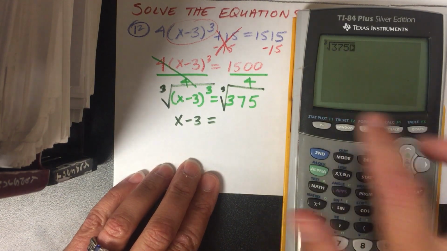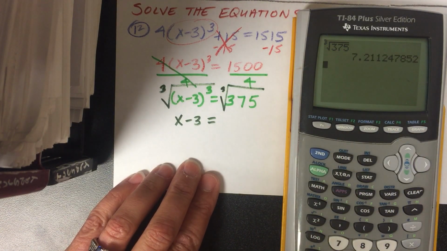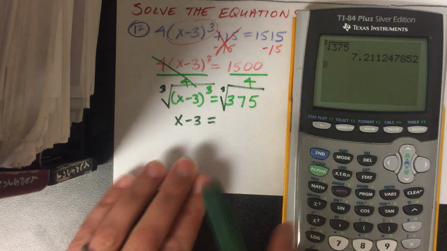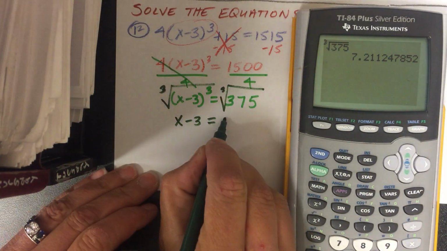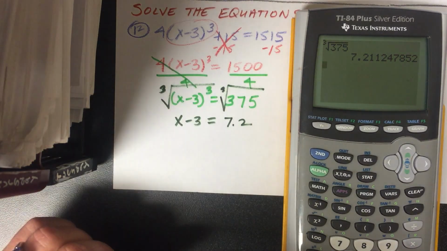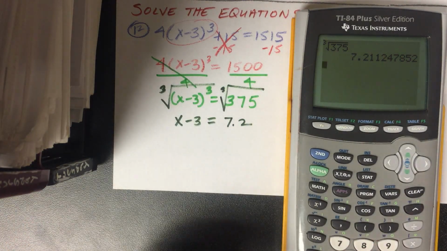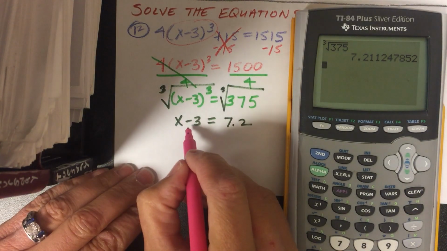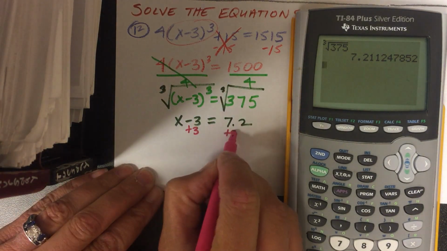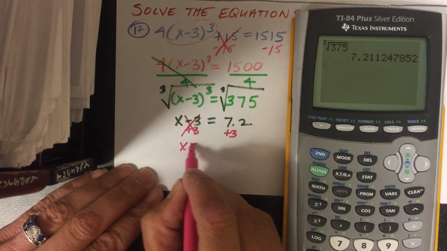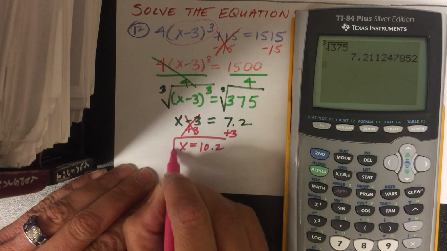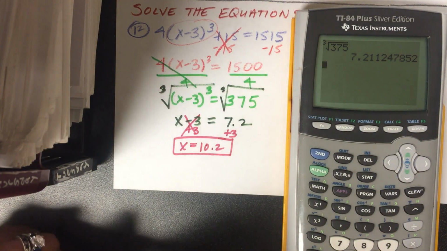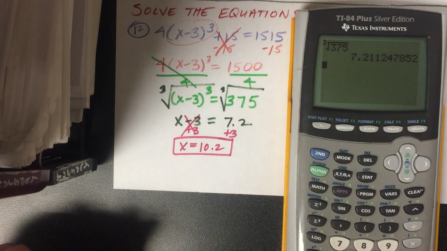What to the third power gives me 375? That comes out to 7.2. So I'm going to put 7.2 here. Then I'm going to finish this up like I do every algebraic expression. I've got to get the x by itself, so I'm going to add 3. So x equals 10.2. And that's how you solve cubes.